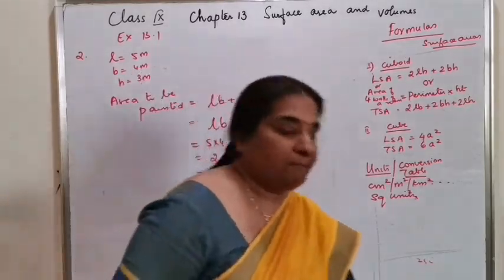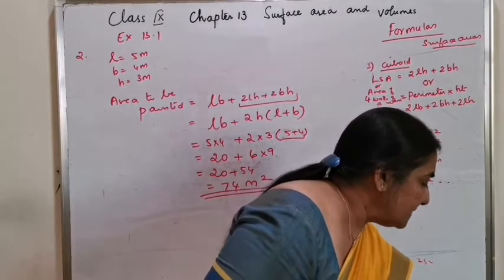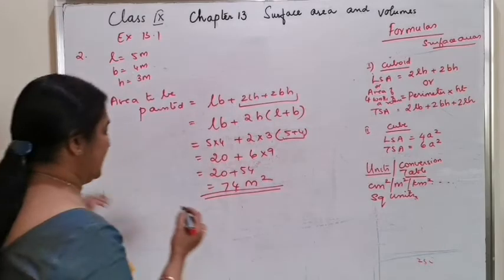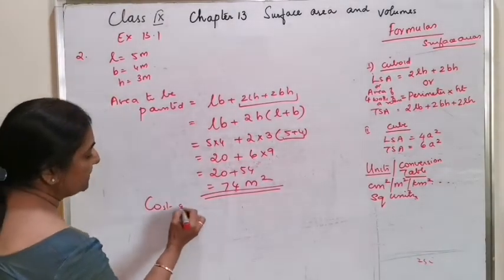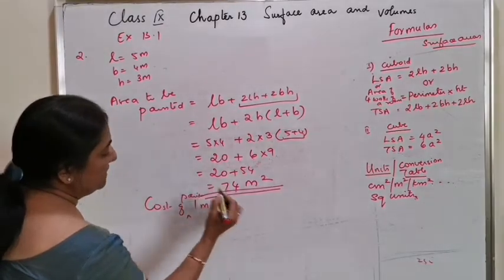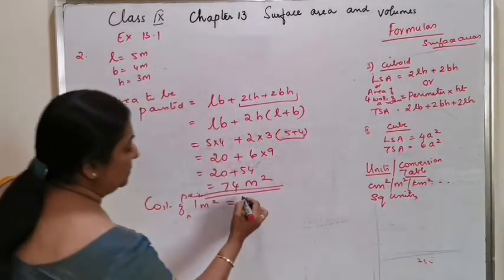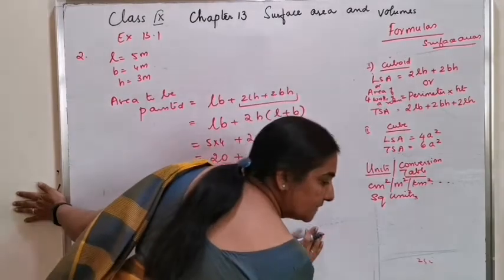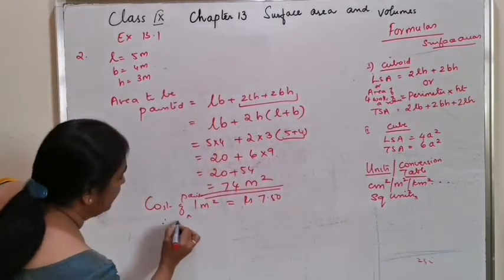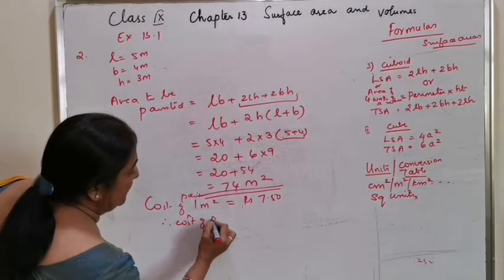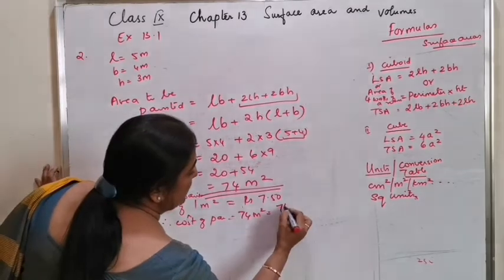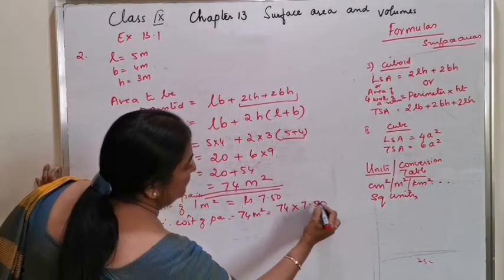Now what is the cost? At the rate of rupees 7.5 per meter square. So cost of painting 1 meter square is equal to rupees 7.50. Therefore, cost of painting 74 meter square is equal to 74 into 7.50.